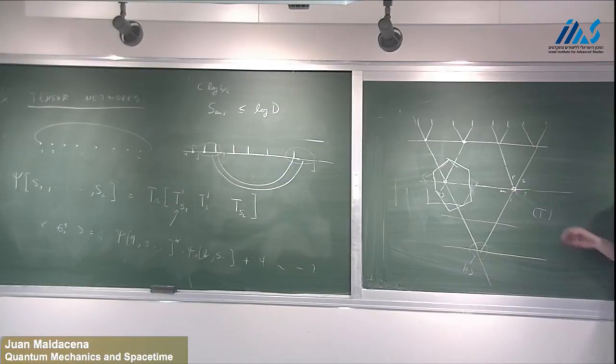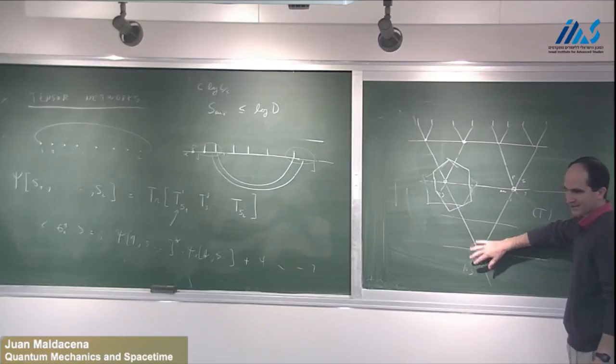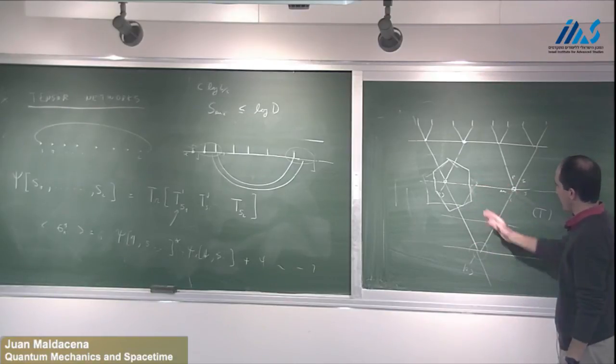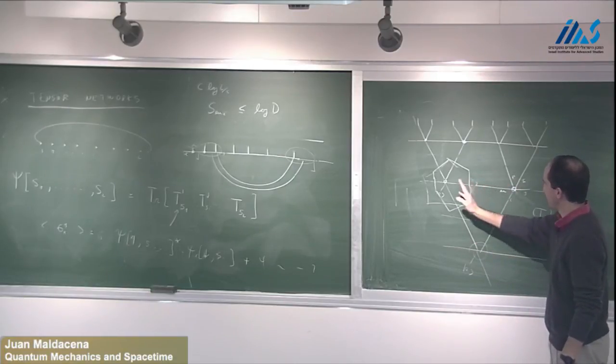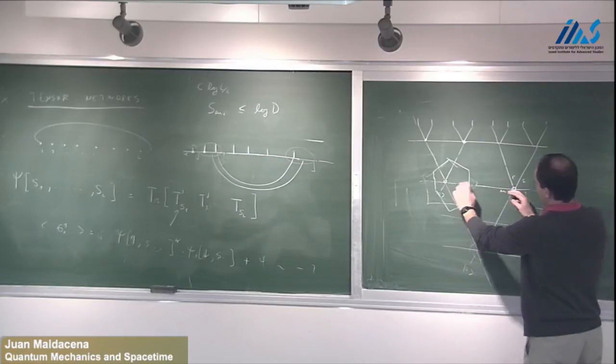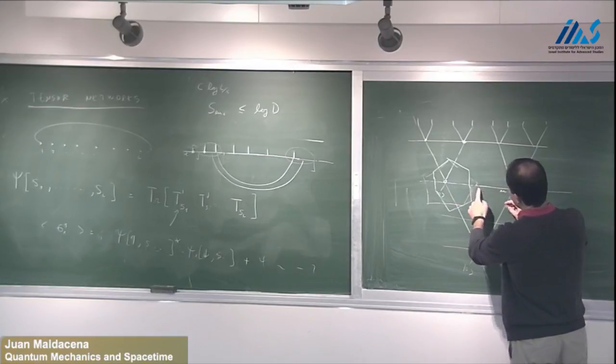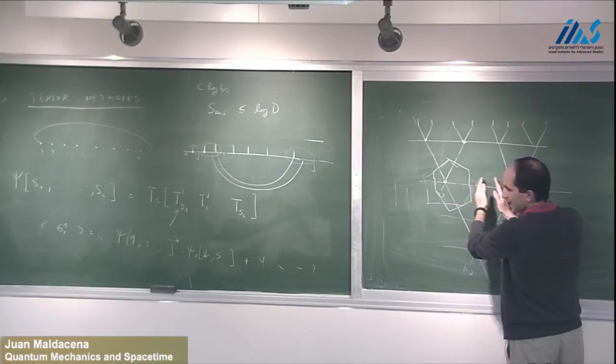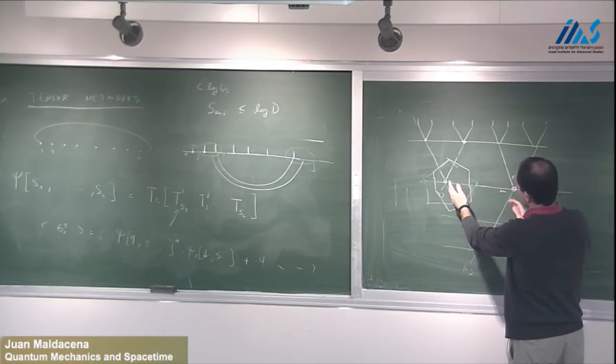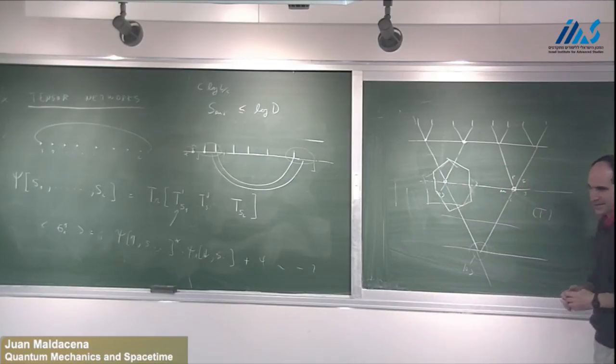Something that is nice about tensor networks is that it's a completely auxiliary construction, and also the entanglement you have between, let's say, two regions here in the bulk: because we are summing over this index, we have some entanglement between these two regions. But it might be the true entanglement or not, depending on what you are doing.